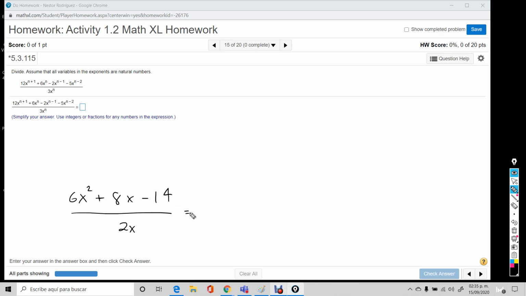Yeah, and basically we have to divide the whole polynomial and divide each of these terms over 2x independently. Do you remember? So it will be like this, 6x squared over 2x, and then plus, because we have a plus here, and then 8x over 2x, and then minus, because we have a minus here, minus 14 over 2x.